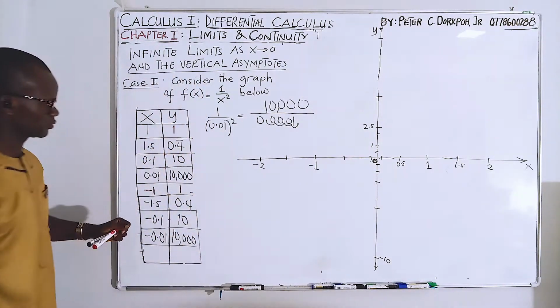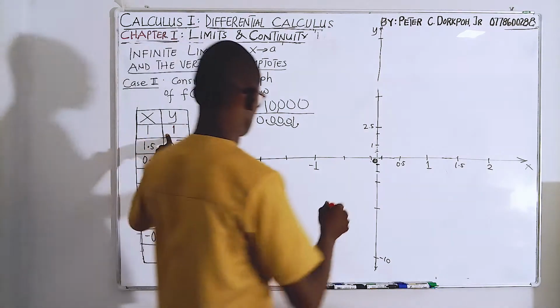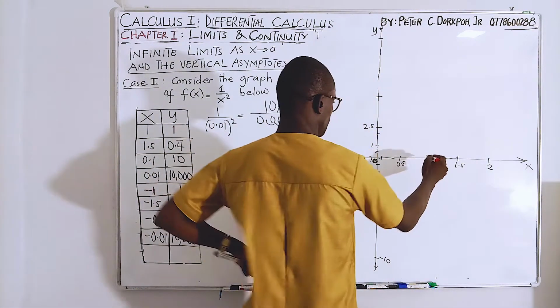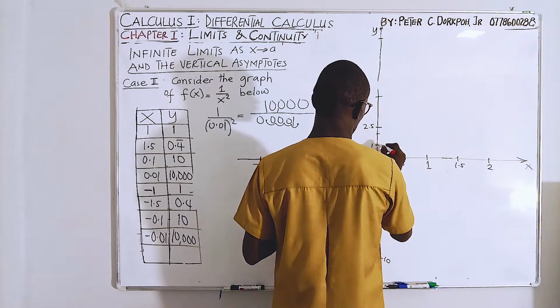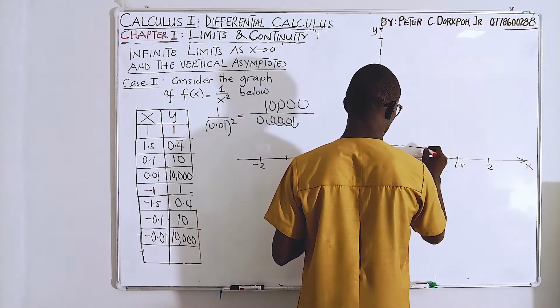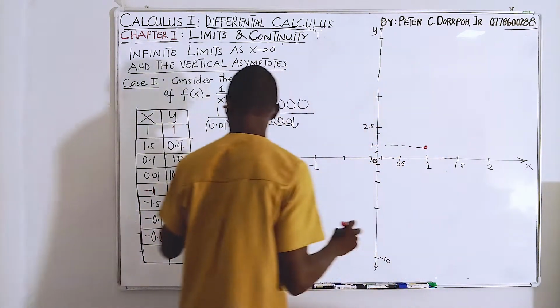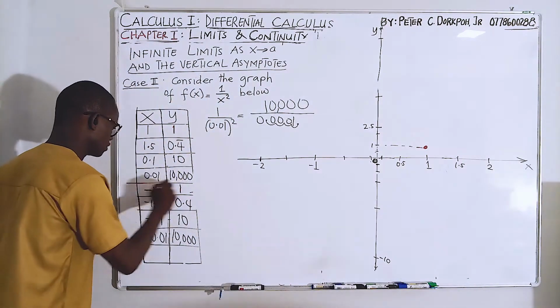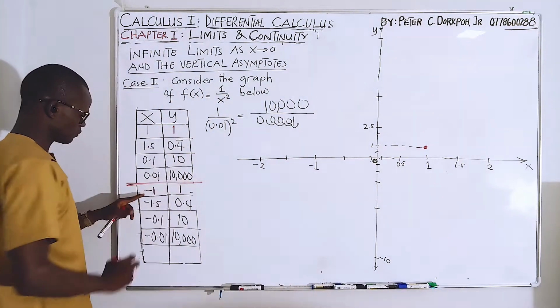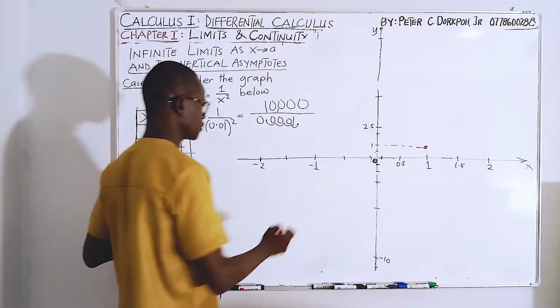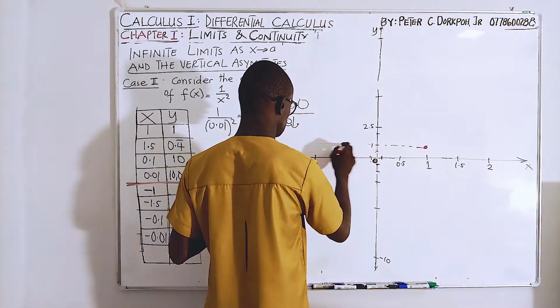So let's plot. When x is 1, y is 1. So we have 1 around here, right? This is the positive side, this is the negative side. When x is minus 1, y is positive 1. So it's like this.